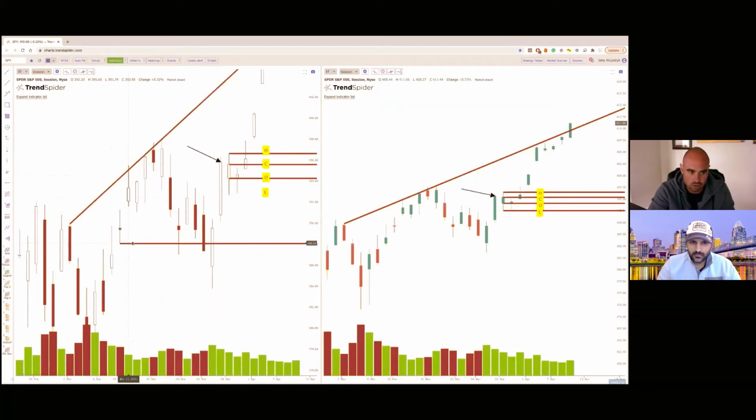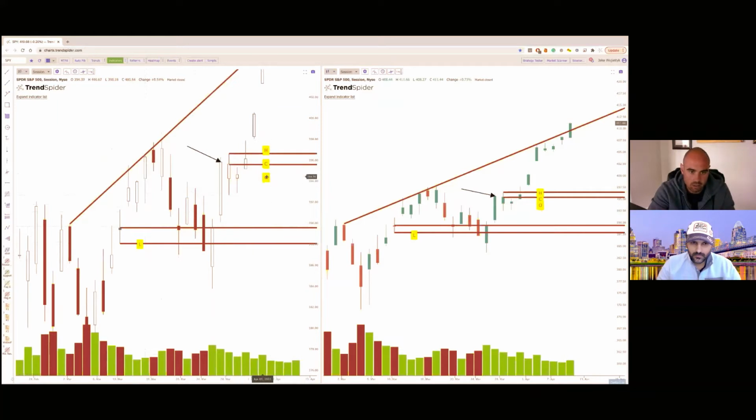Now, here's another example. We'll move this over. So here's your low of the day. Your open is actually up here. Your close is down here. This is going to get really tight, so I'll zoom it in. And then your high is here.